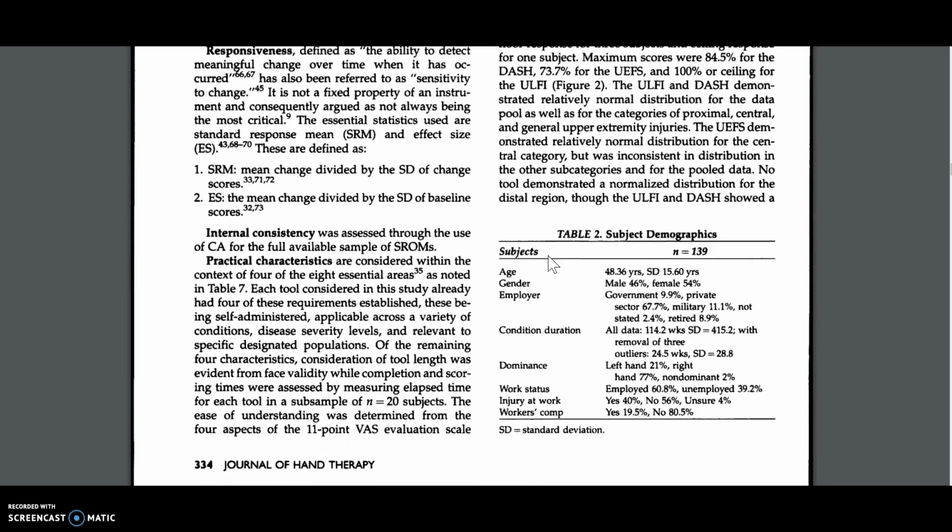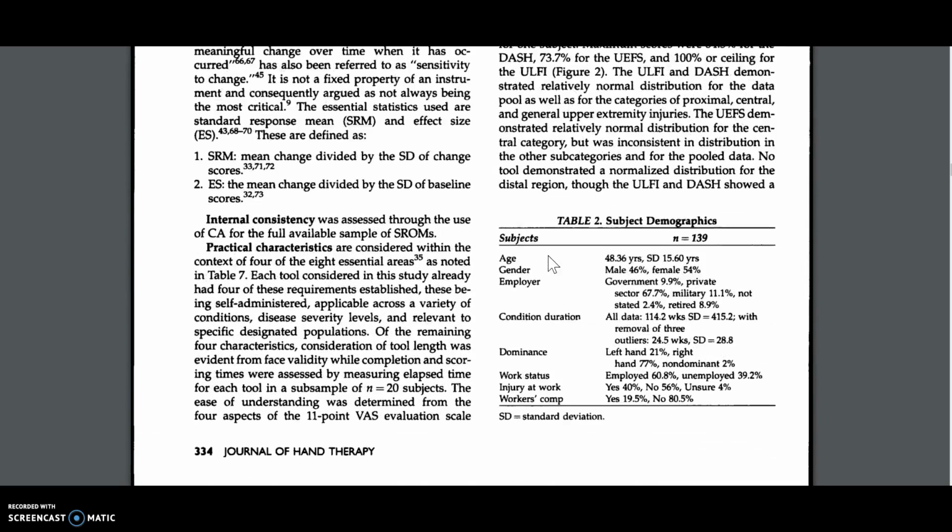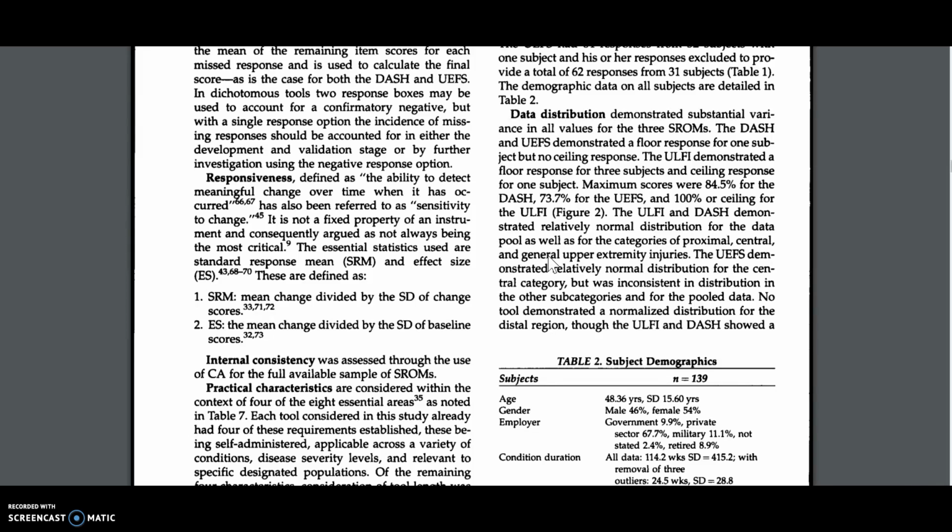Let's stay on page 334 and talk about data distribution. They noted that it demonstrated substantial variance in all values for the three self-reporting outcome measures. The DASH and the UEFS demonstrated a floor response for one subject, but no ceiling response. Just as a reminder, floor and ceiling means that it's either too easy or too hard, so we don't want those.